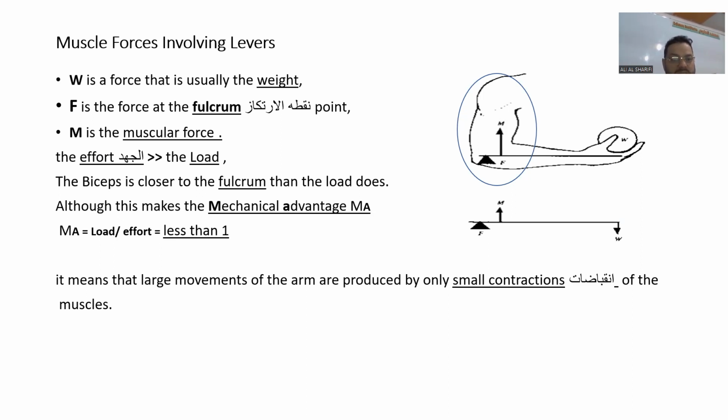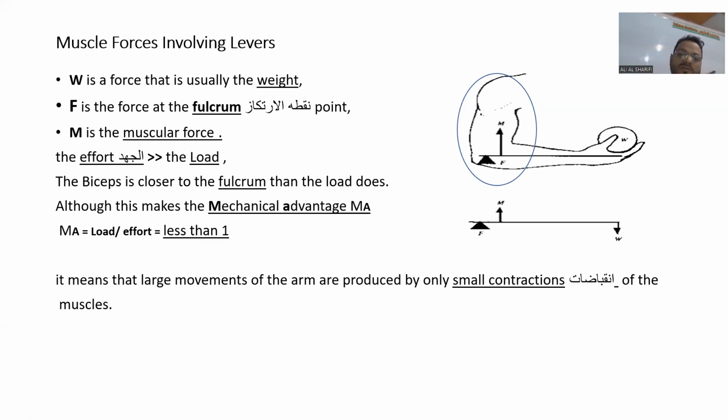Let me repeat that because it's important. By that, we make a great link between the physics principle and the medical field. The main purpose of using levers is to make the efforts of these small muscles bigger than the load.